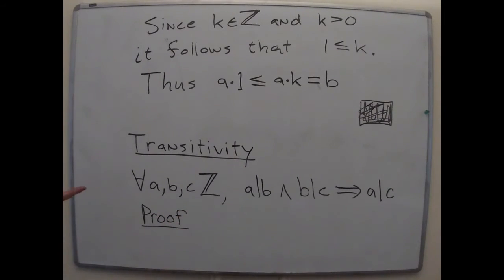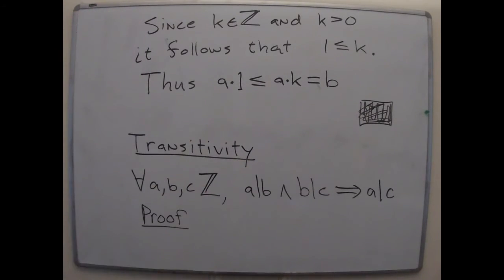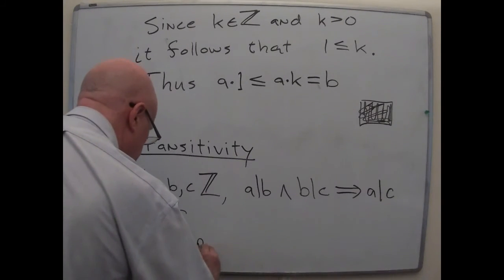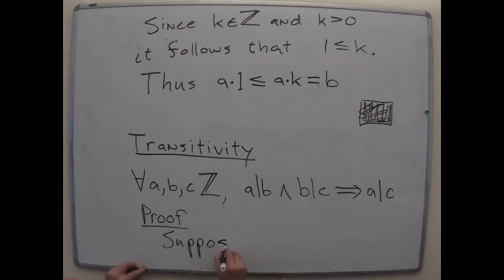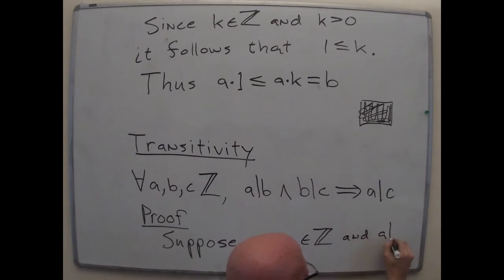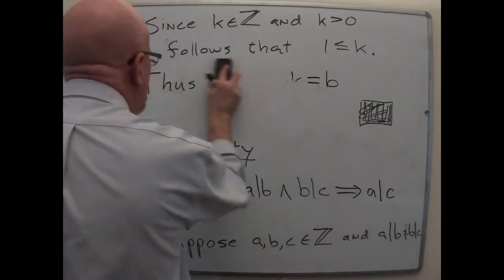You're going to suppose A, B, and C are integers, and the if part of this if-then: A divides B and B divides C. Really ran out of space there, but I crowded it in. So we got that first sentence there. I'm going to have to move to the top of the board to write the rest of the proof, though.